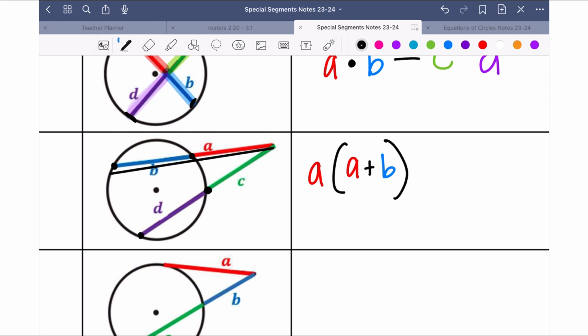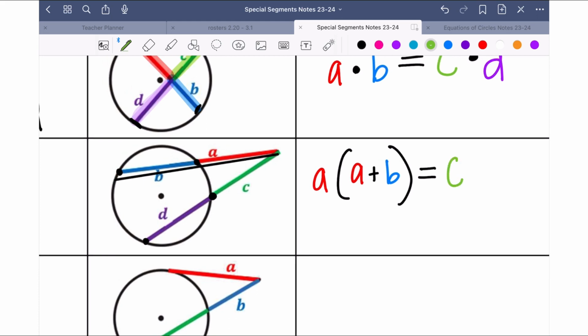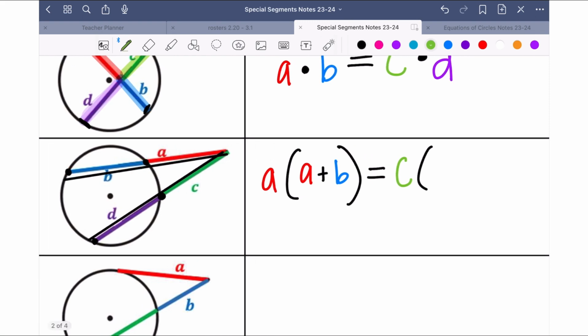Okay, and then you do the same thing for the other segment. So that should equal the outside portion, which is C, times the whole thing, which would be C and D together. So we're going to add C and D together, and that is the whole thing. So this is the formula.